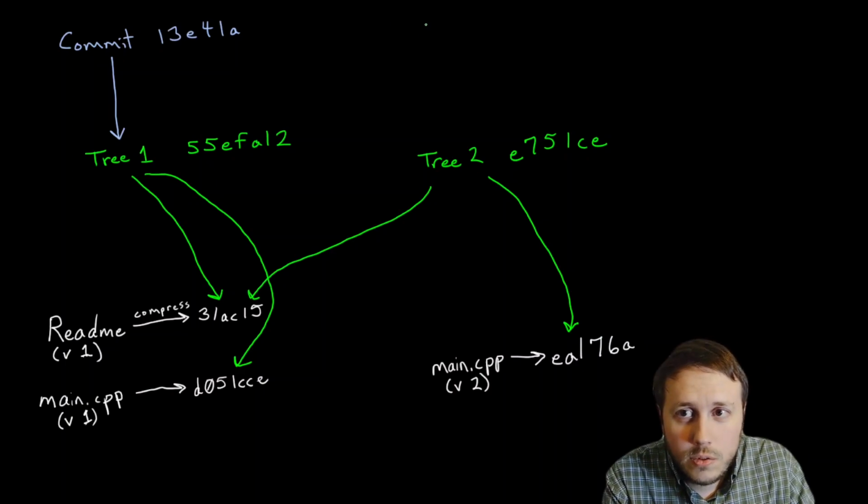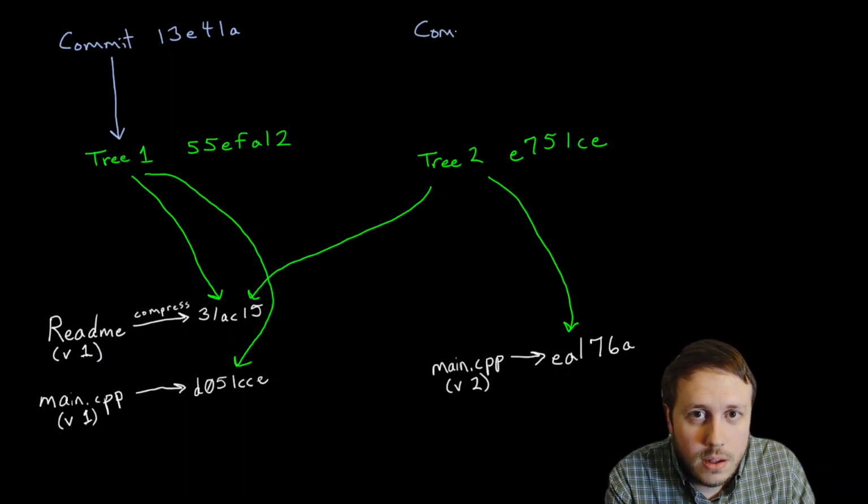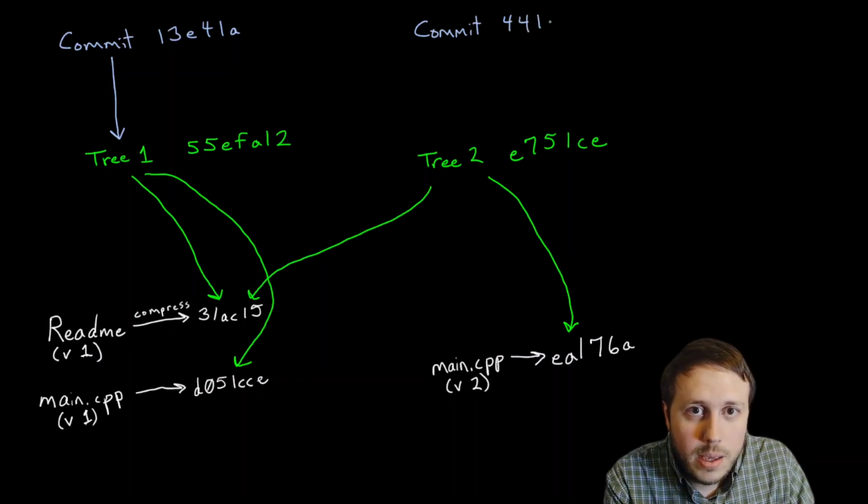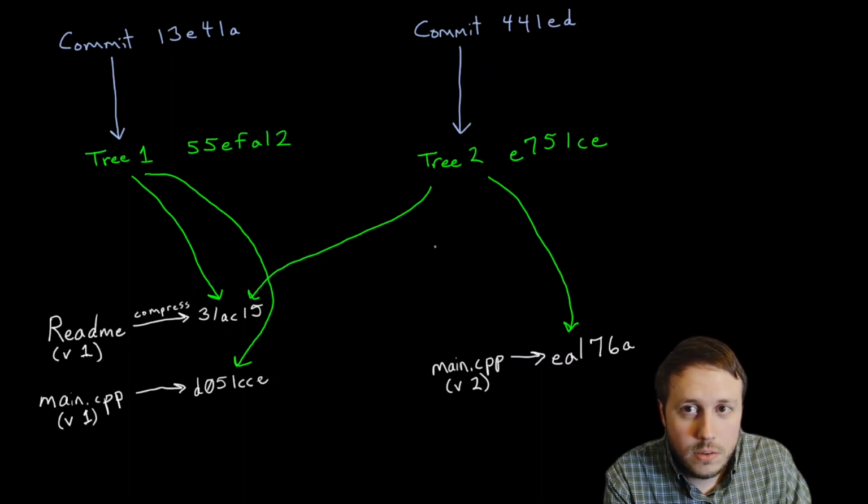Then, of course, we have to create the commit itself. And maybe that's something like this. And this commit will simply reference this tree, but it'll also reference its parent.